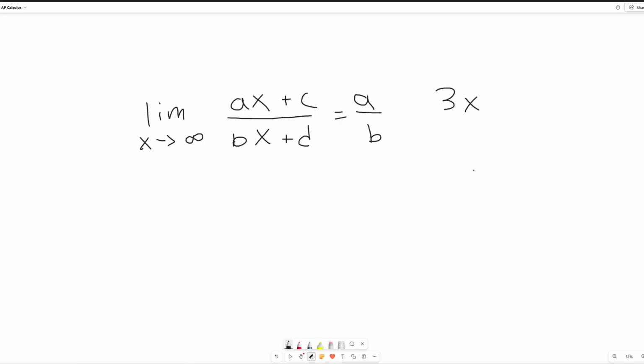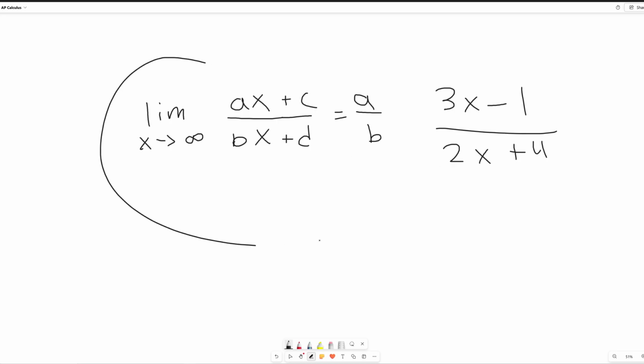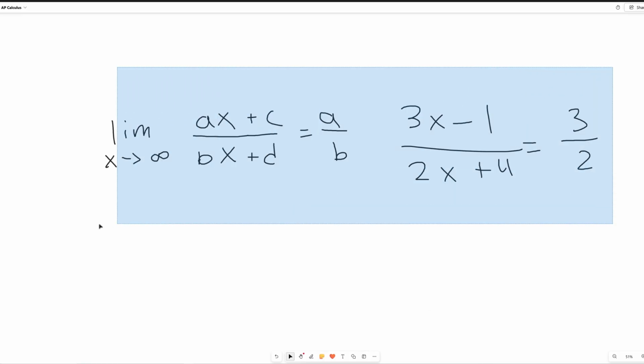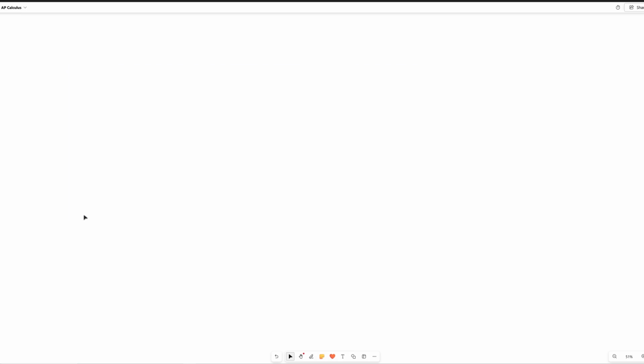So if you have 3x minus 1 over 2x plus 4, you can use this rule and conclude that this limit is just going to be 3 over 2. And you can mess around with this in a graphing calculator to see it's always going to work out this way. And if it ever asks you to find something like horizontal asymptotes, you just got to know that you take the limit as it goes to infinity.